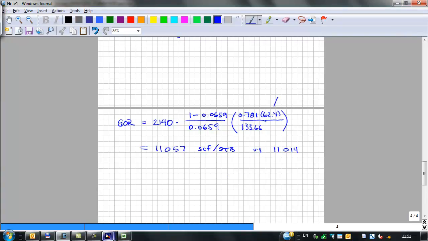Well, this number here isn't quite exact. That was 2128. The multiplying factor, oh, this should be 2128. Okay, yeah, that's a number that's more familiar.